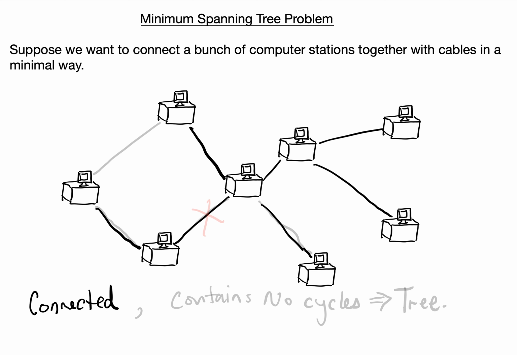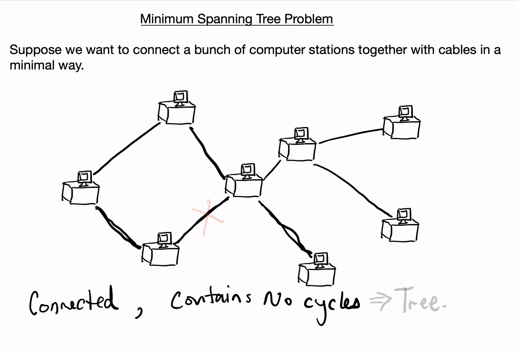Another thing to notice is that this will not contain any cycles. So this is a connected graph and it contains no cycles. Why is that the case? Well, suppose we did have a cycle in this graph. This is supposed to connect the stations together with cables in a minimal way, and we see that this is no longer minimal.